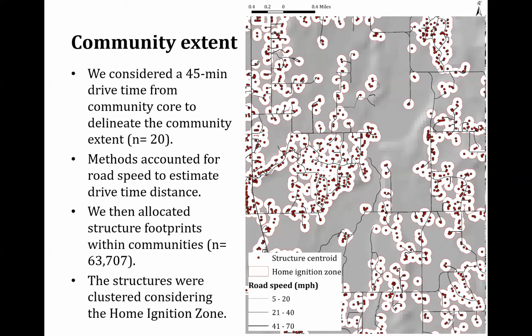And then finally, we created the home ignition zone clusters by implementing a 200 feet buffer to every footprint. And this is how the clusters look, where we have different densities and aggregation patterns in the landscape.